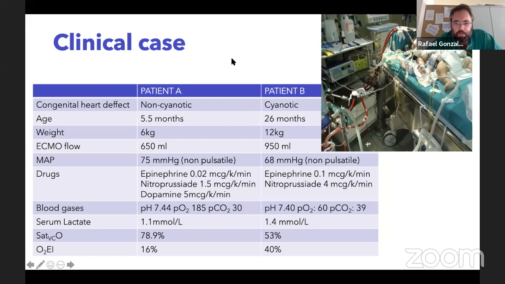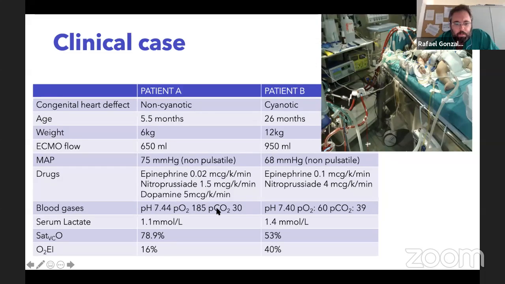Finally, I would like to give you an example of two patients. The first has a non-cyanotic cardiopathy, and the second one has a cyanotic cardiopathy. Both of them came out of the surgery room requiring ECMO due to ventricular dysfunction with similar conditions.